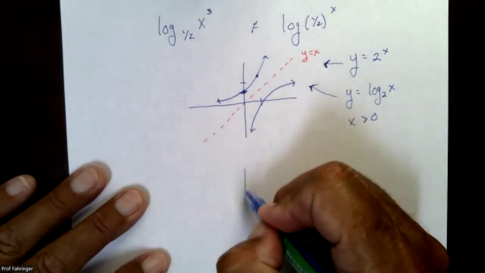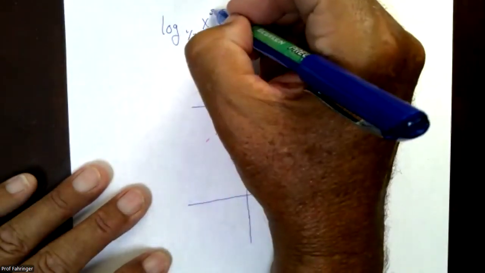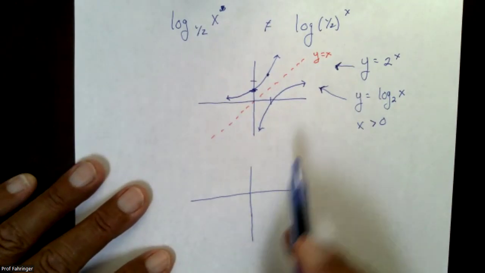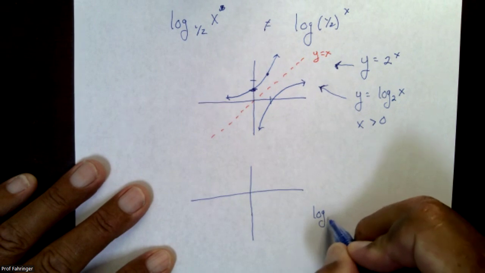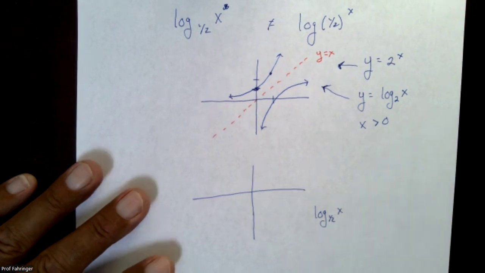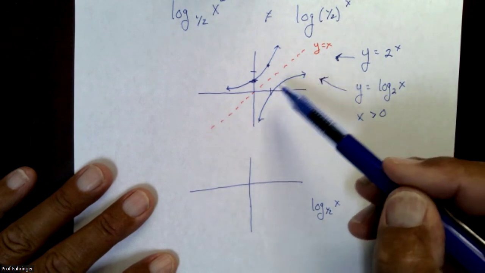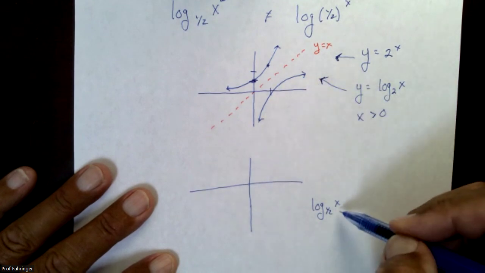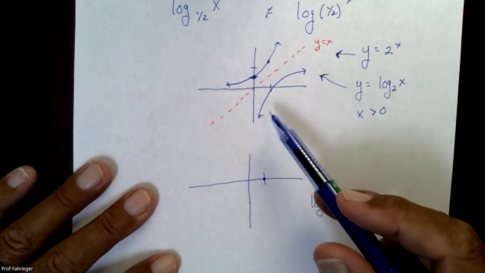So if I was doing log base 1/2 of x, well, this was log base 2 of x. We now want log base 1/2 of x. What's its graph going to look like? Well, it's going to look like this. It's still going to go through 1, but the values are going to change.